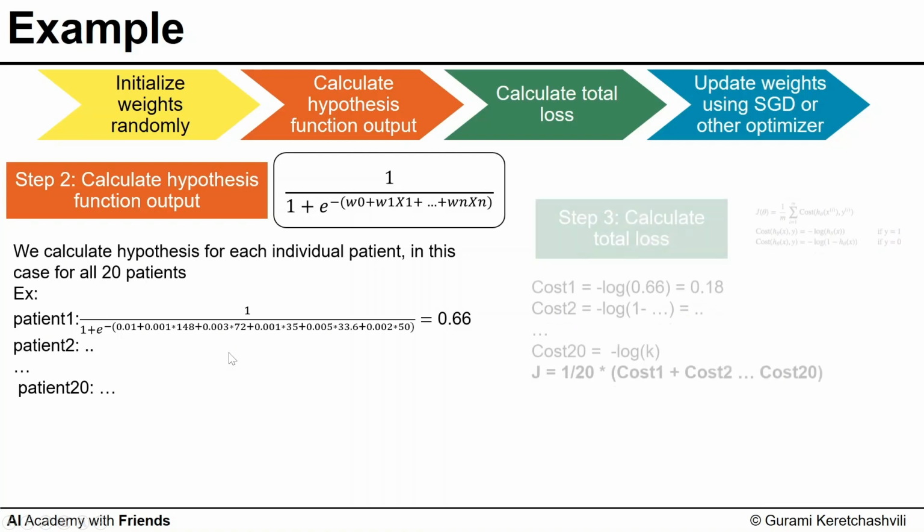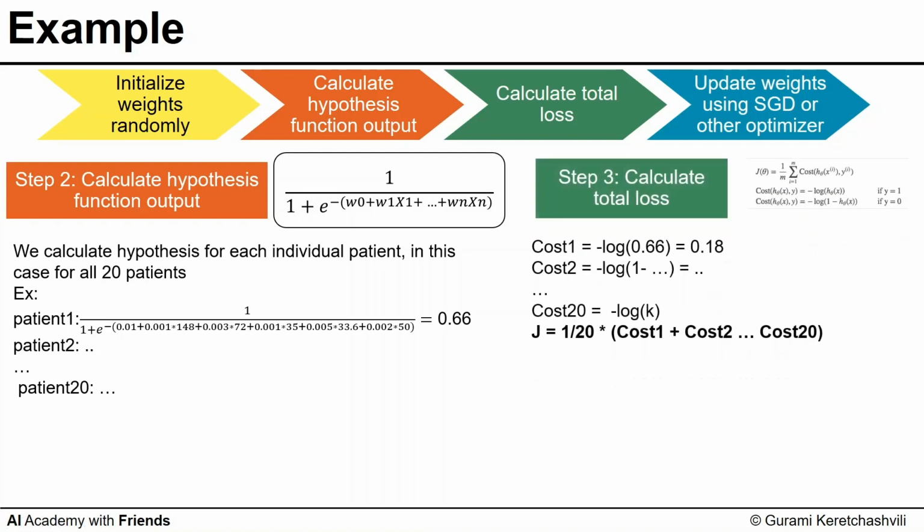The third step is to calculate total loss. What is total loss? Total loss is the summation of individual cost functions divided by the total number of patients, in this case 20. For patient 1, the cost value equals minus logarithm of 0.66, which is 0.18.